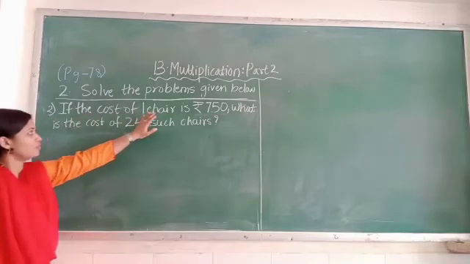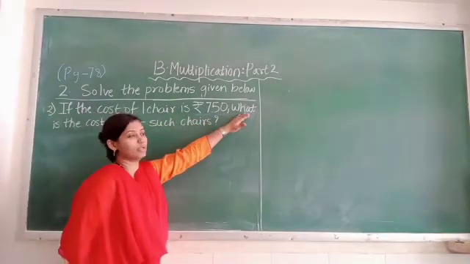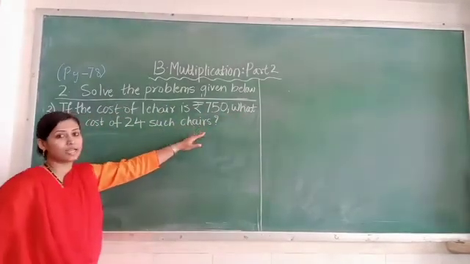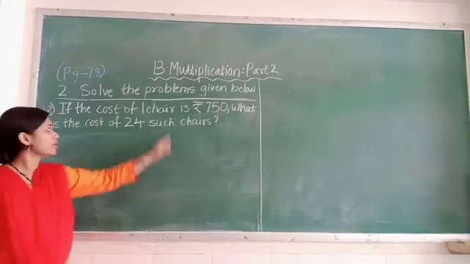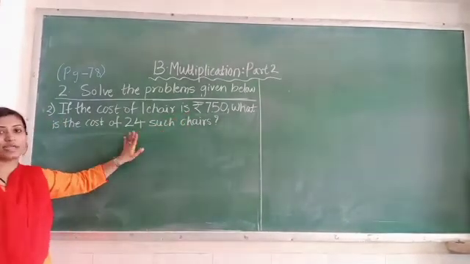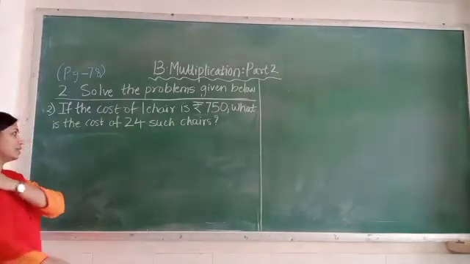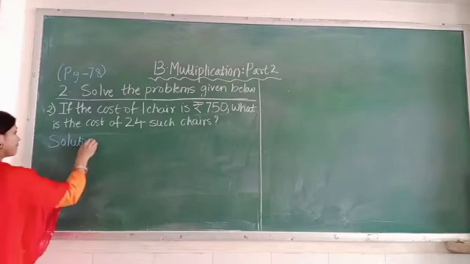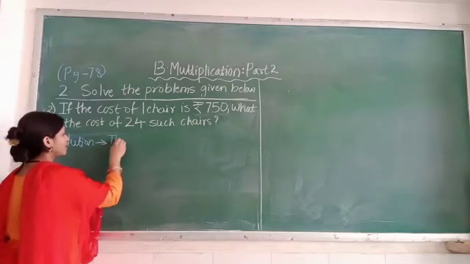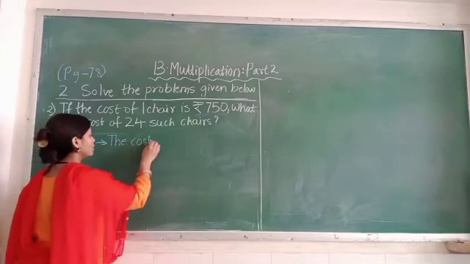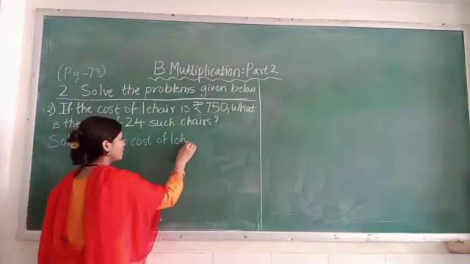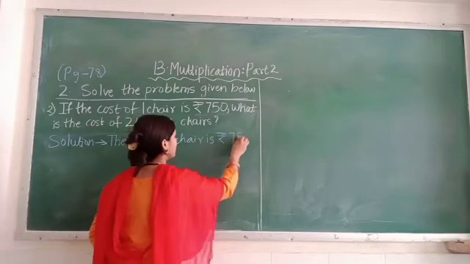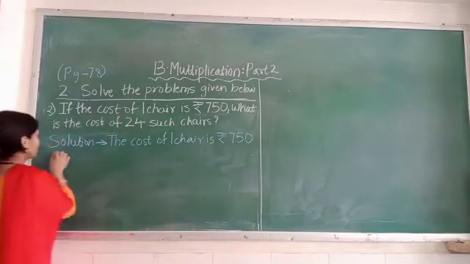If the cost of one chair is rupees 750, what is the cost of 24 such chairs? Now here what they are telling, the cost of one chair is how much? 750. Therefore, they are telling us to find the cost of 24 such chairs. So now let us find the solution. The cost of one chair is rupees 750.